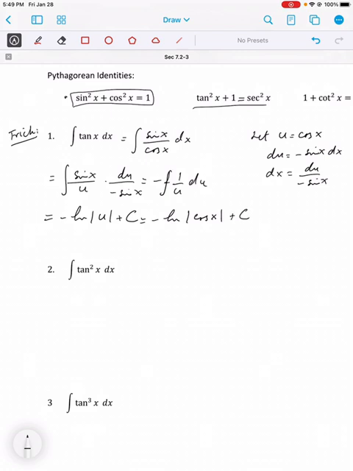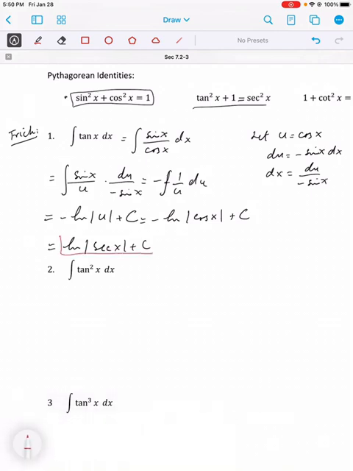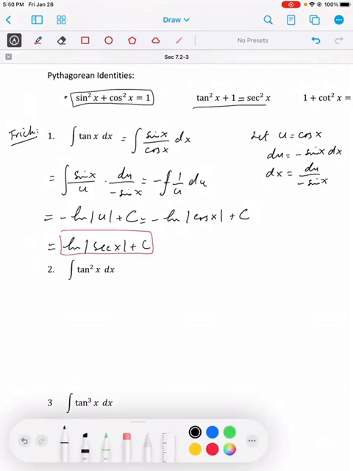So basically that is the integral of tangent x, but often we go one more step and write it as ln of absolute value of secant of x plus c. So this is the answer, and I hope you guys can see where I got this secant from.